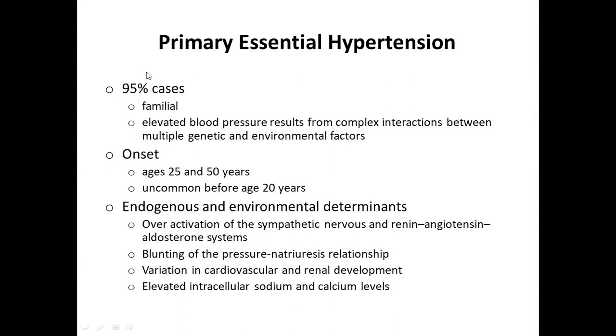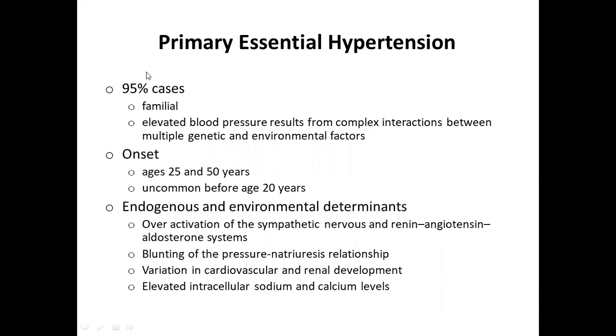Basically the onset is between the age of 25 to 50 years, but they can present later or even in an earlier age group. However, if people present in the earlier age group or in the very elderly age, then you have to screen for other secondary causes also. There are various endogenous and environmental determinants which are thought to be responsible for the increase in blood pressure in this category of patients.